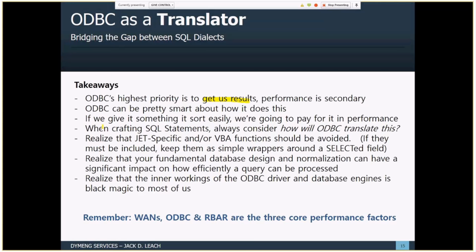One of the other things we should keep in mind as we're working on this is that fundamental database design and normalization can have a fairly significant impact on how effectively a query can be processed. When ODBC has to come up with all these different ways to translate and resolve things, and we throw in poorly normalized or not normalized data on top of that, it can really compound the issues.